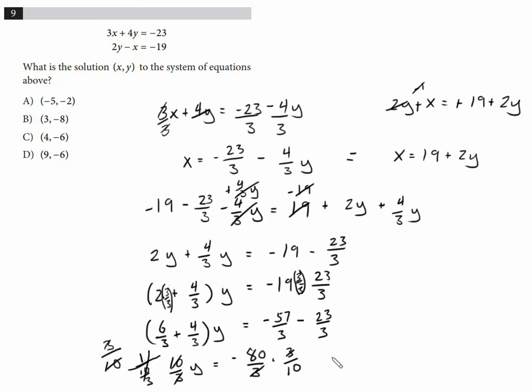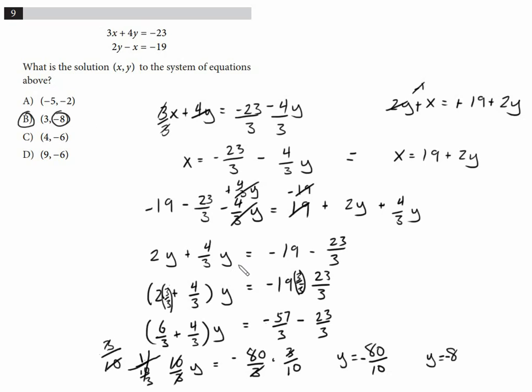These cancel, and we have y equals 80 over 10, or y equals 8. Sorry, this is negative, so negative 80 over 10, y equals negative 8. And at this point we can stop because we're doing the SATs and time is pretty critical. Only one of these answer choices has a negative 8 in the y coordinate, so the answer is B, which is the same as we got from plotting it.